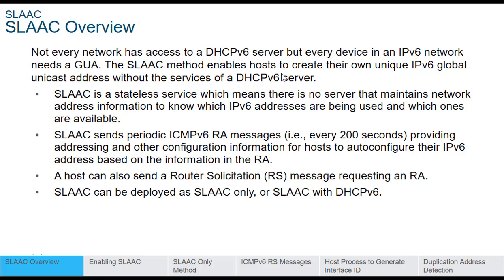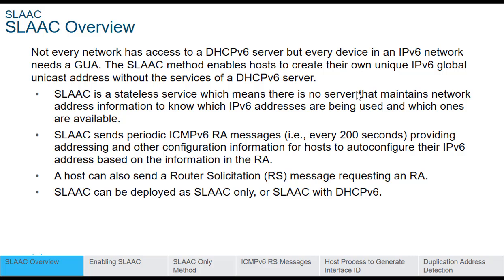Now the SLAAC method enables hosts to create their own unique IPv6 global unicast addresses without the need for, or the services of, a DHCP version 6 server. Now SLAAC is a stateless service. So what does it mean by a stateless service?